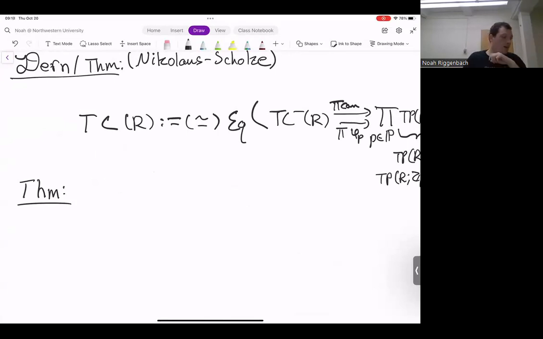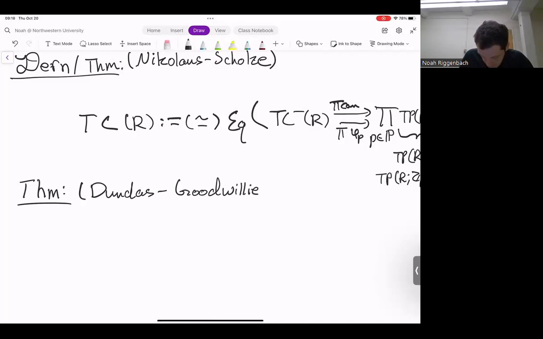And in fact, this map is really an astonishingly good comparison map. Let me first say that this is due to Dundas, Goodwillie, and McCarthy.